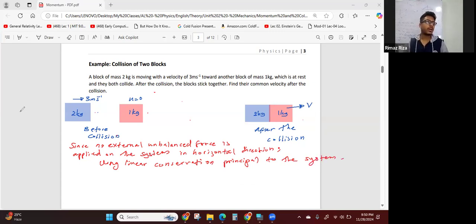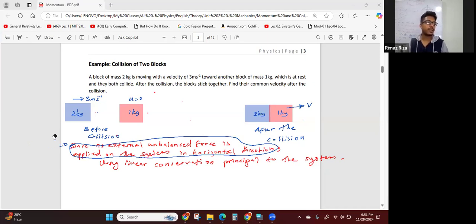When you are solving a problem using the linear momentum conservation principle, this one is a must. You have to write this. Instead of writing the entire thing, you can say since F equals 0, or no external force is applied.